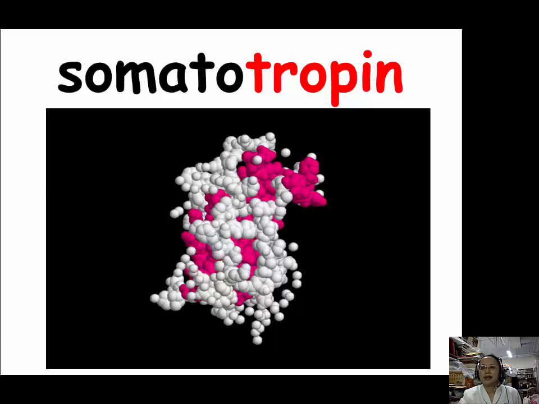It can control the rate of protein, carbohydrate, and lipid metabolism, and control the rate of skeletal and visceral growth. Somatotropin secretion is in part controlled by the hypothalamus.